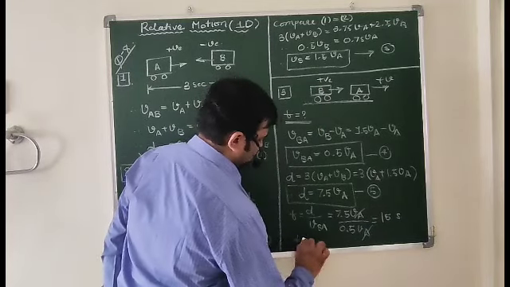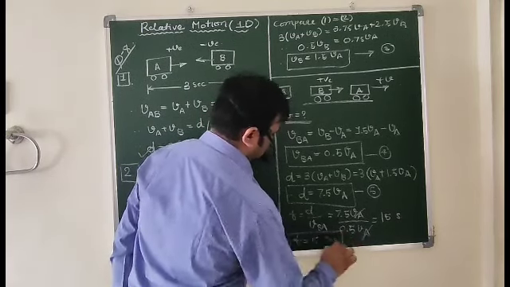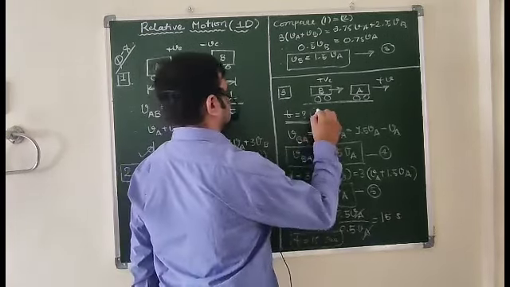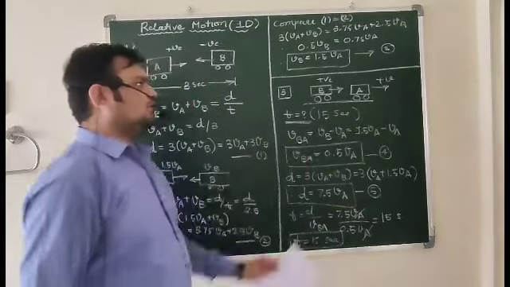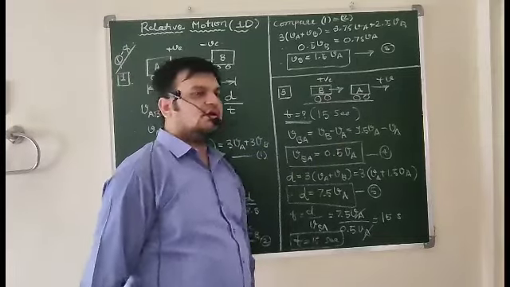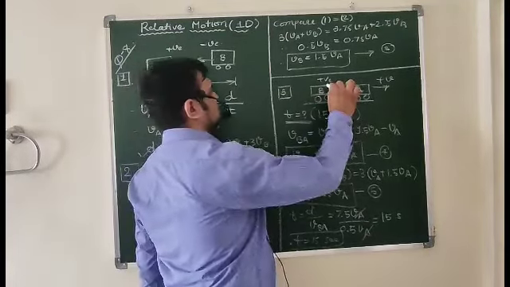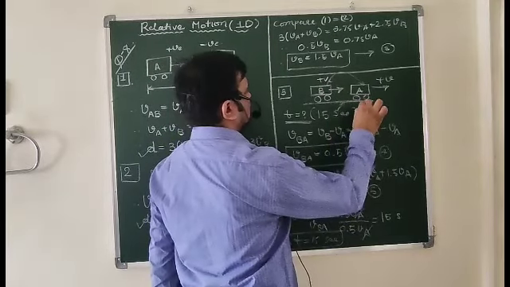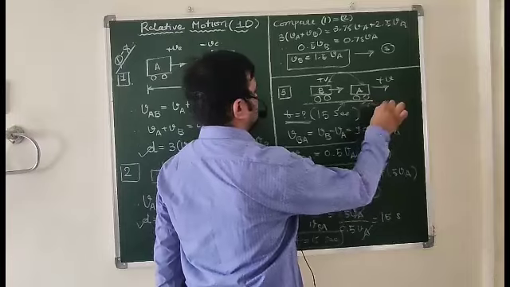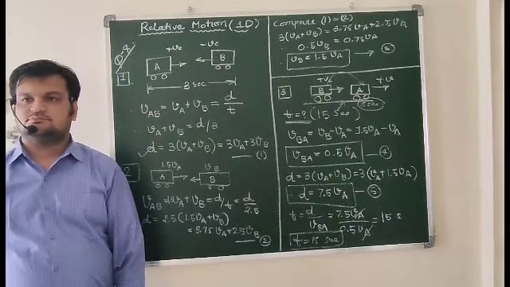So time is 15 seconds. So as per case 3, if both trains are moving in the same direction, then train B is crossed by train A within 15 seconds. Thank you.